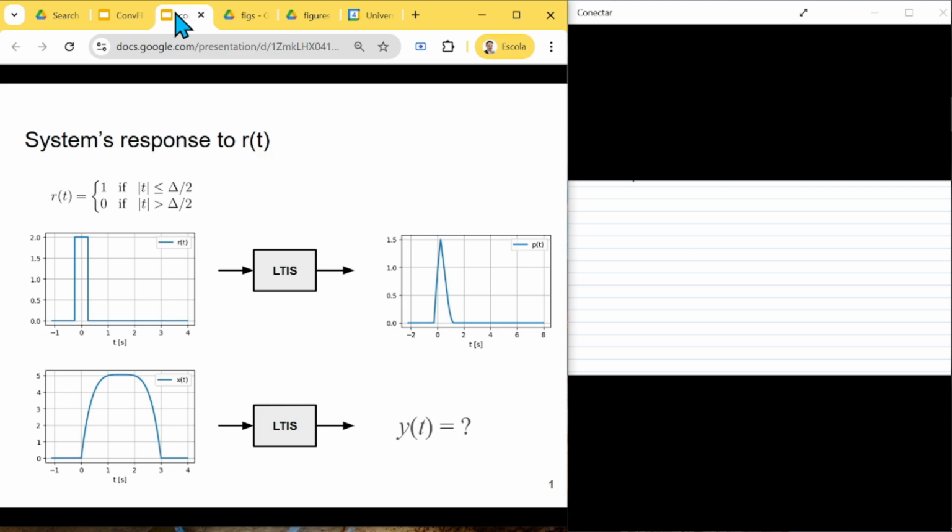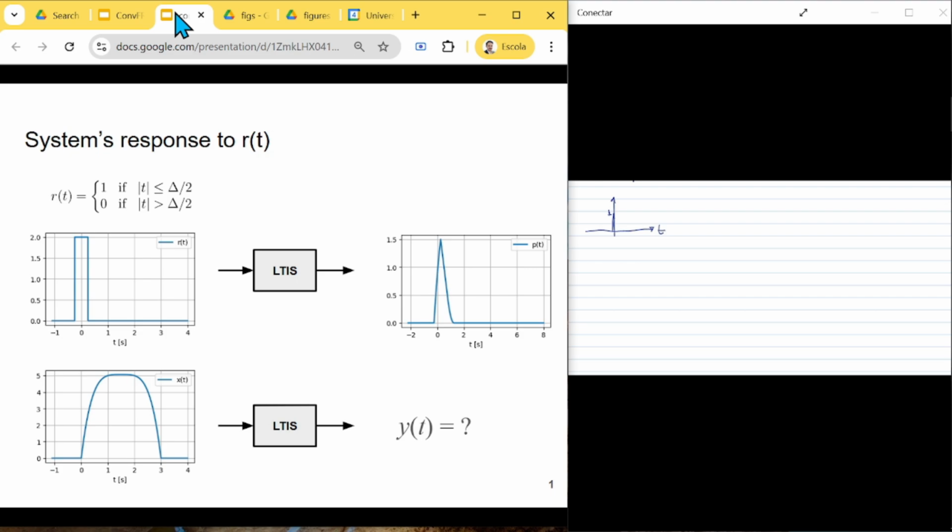Here, defining the unit impulse is a bit more complicated. Maybe we could try to define our unit impulse as a signal that is zero everywhere except for the time zero, and here it is 1.